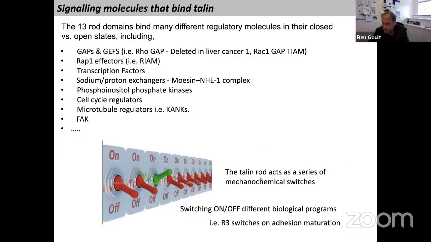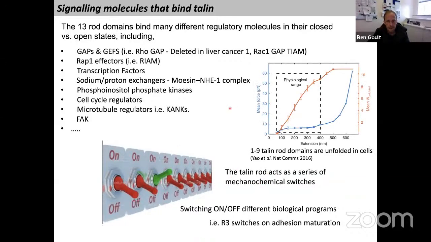So we think that this is actually a series of binary switches coordinating cell behavior. And if you're looking at a cell, between 1 and 9 of these switches are unfolded at any one time. So we think this is an incredibly plastic molecule which is changing its shape as it goes about its business, especially in a migrating cell. We think it's more stable in more stable cell life.